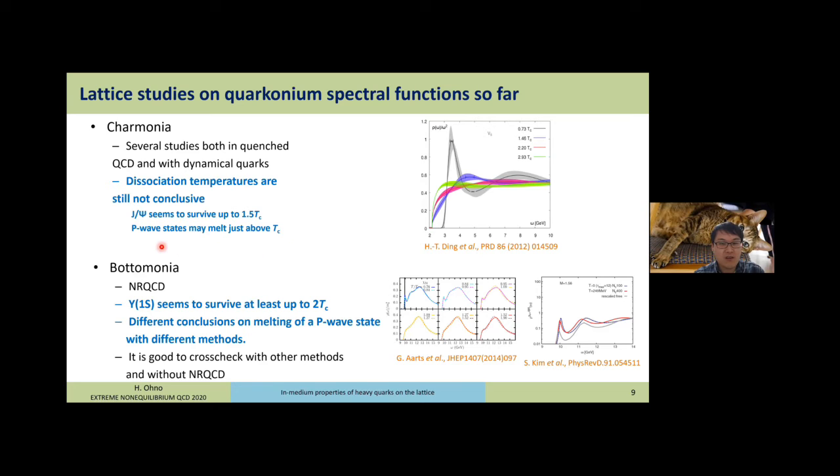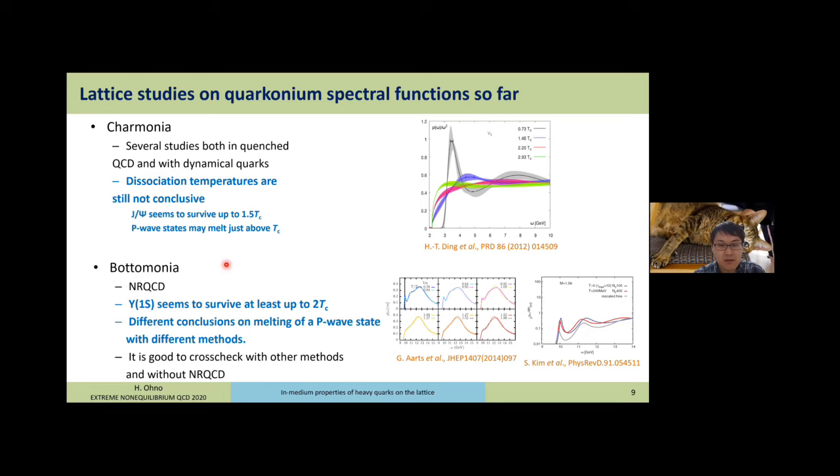Also, there are some studies of the P-wave channels, but the P-wave channel result is still not conclusive. There are also some bottomonium results, and since bottom quarks are very heavy, people usually use an effective theory, so-called NRQCD.